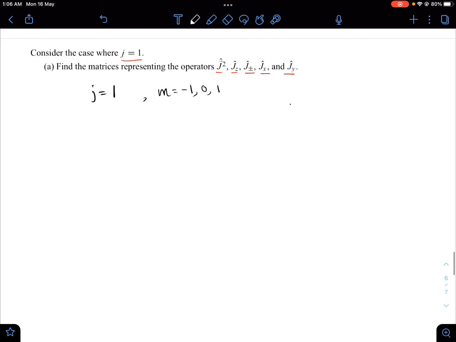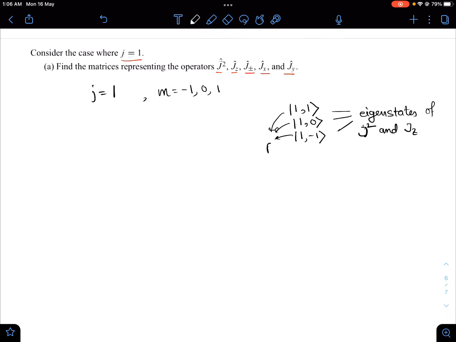So what are the possible states? The states are |1,1>, |1,0> and |1,-1>. These are eigenstates of j squared and jz. So these are our bases.